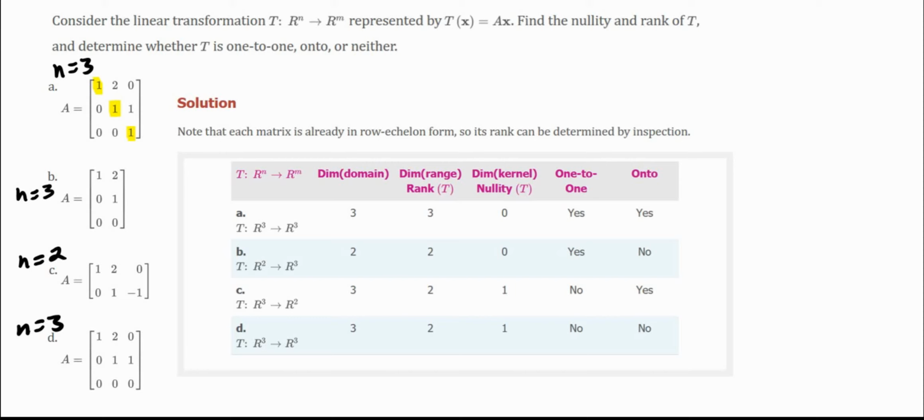So n is equal to 3, and I'm looking at, in terms of n, just the number of rows that we have. When you come over here, you get this so-called dimension of the domain. Basically, you're just looking at this size here. So the dimension of the domain would be here: n is equal to 3, n is equal to 2, and I suppose I'm just working backwards, right?